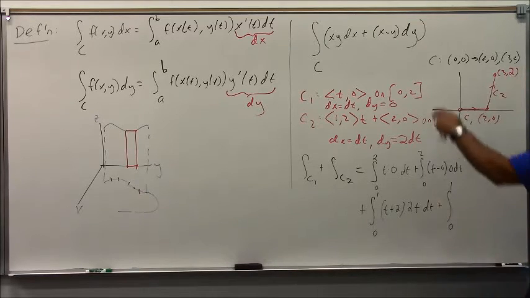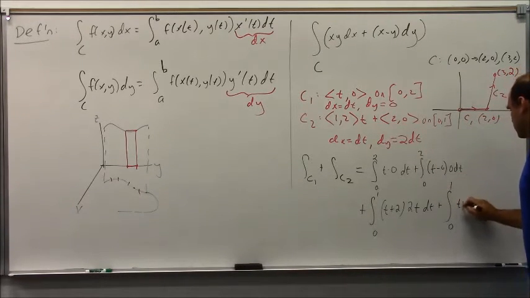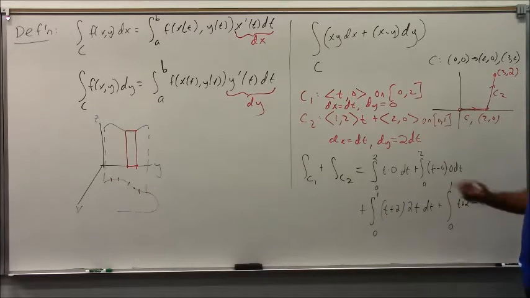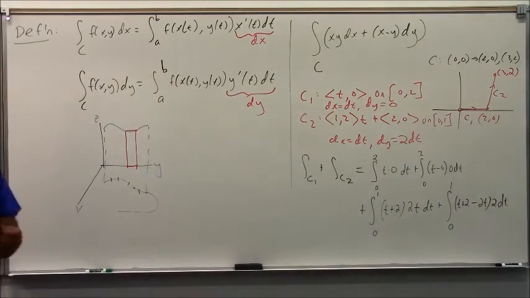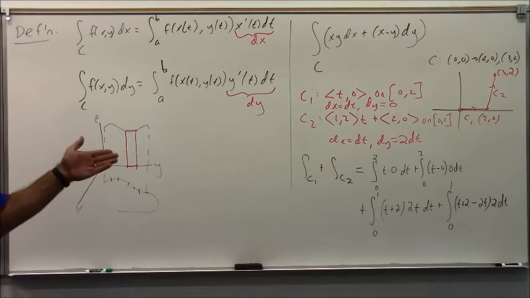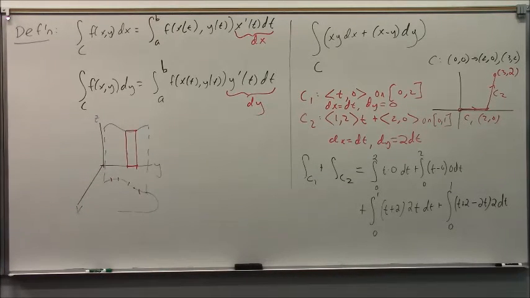And then for the second integral, I have x minus y, so that's t plus 2, minus y, which is 2t plus 0, dy, which is 2 dt. And I will let you work out the rest of the details on that one. It's the setup I'm interested in right now. So does that all make sense? Make sure that you can do that and be ready to talk about it in class.